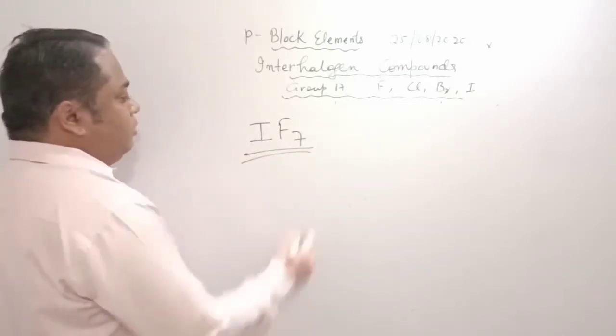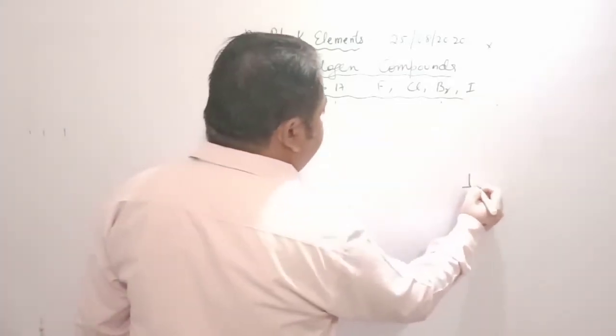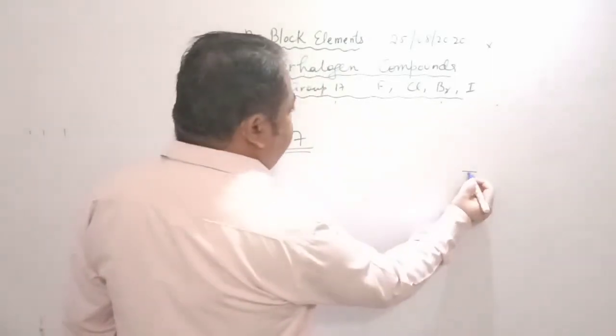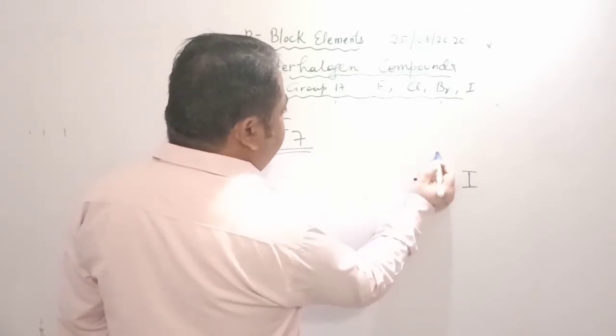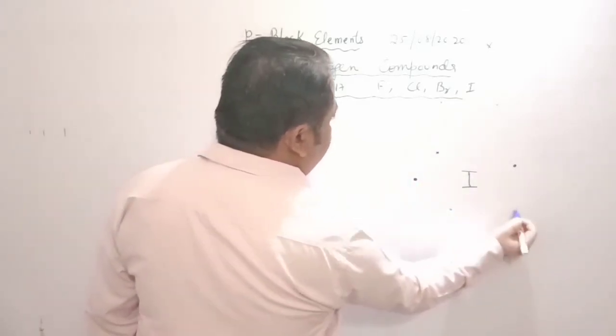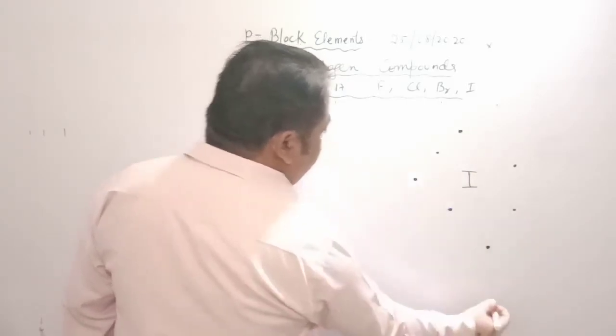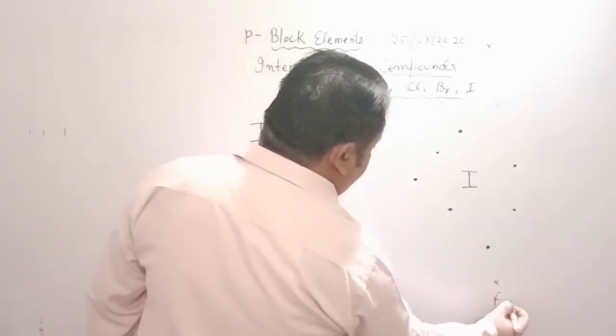Now, iodine will have 7 electrons in its outermost shell, which can be written as 5 in one plane, 1 above the plane and 1 below the plane. Fluorine will come with 1 unpaired electron.